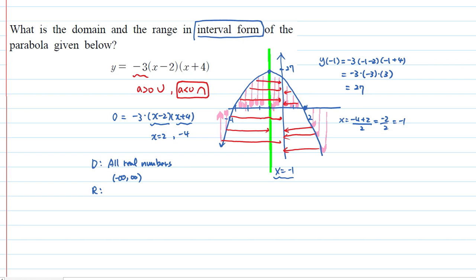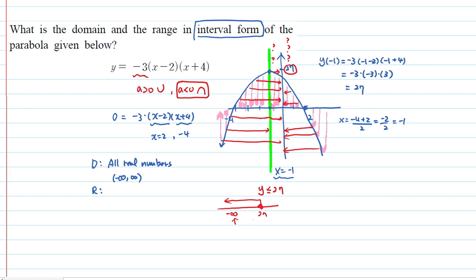Now, 27 is the maximum, meaning I don't see any points with y values above it. So the maximum you can get is 27. So you can say that y is less than or equal to 27, that's 27 and below, starting with negative infinity.